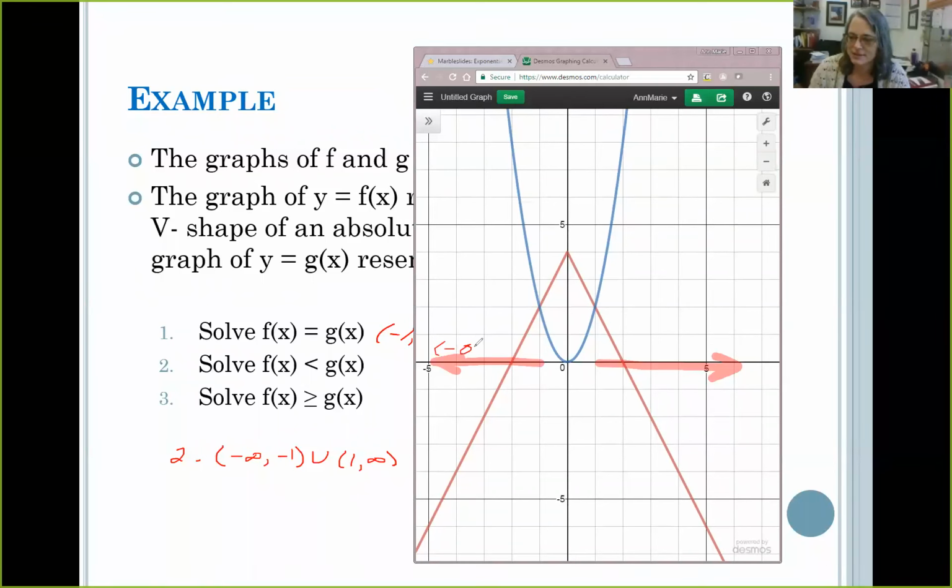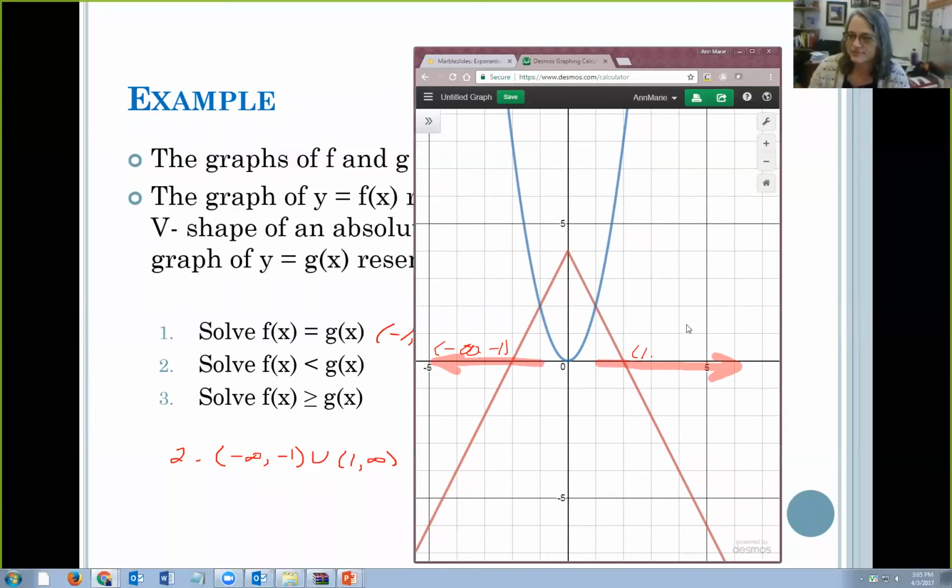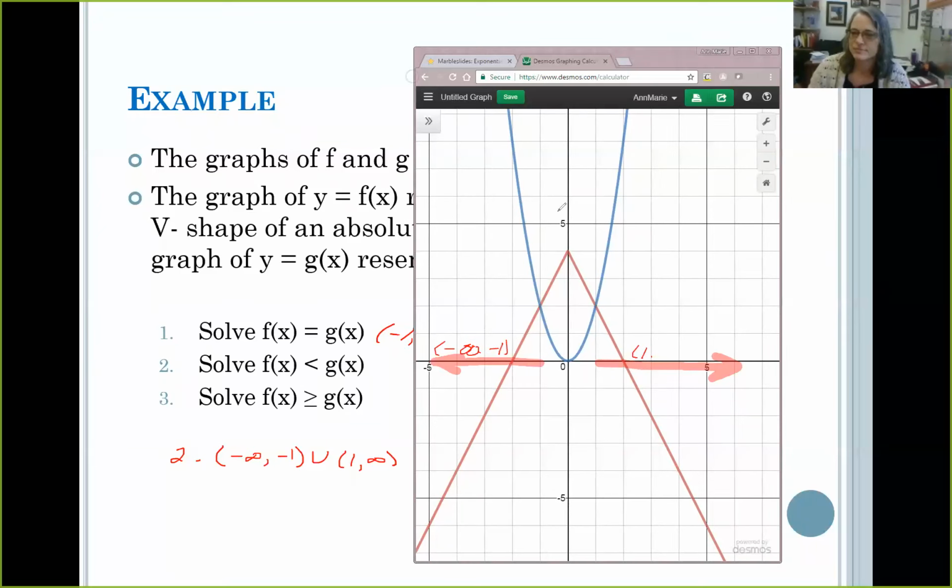Sorry, my pen is a little finicky. -infinity to -1. And this arrow over here is the 1 to infinity. And to indicate that they are all one set, we put a union sign in the middle. All right.